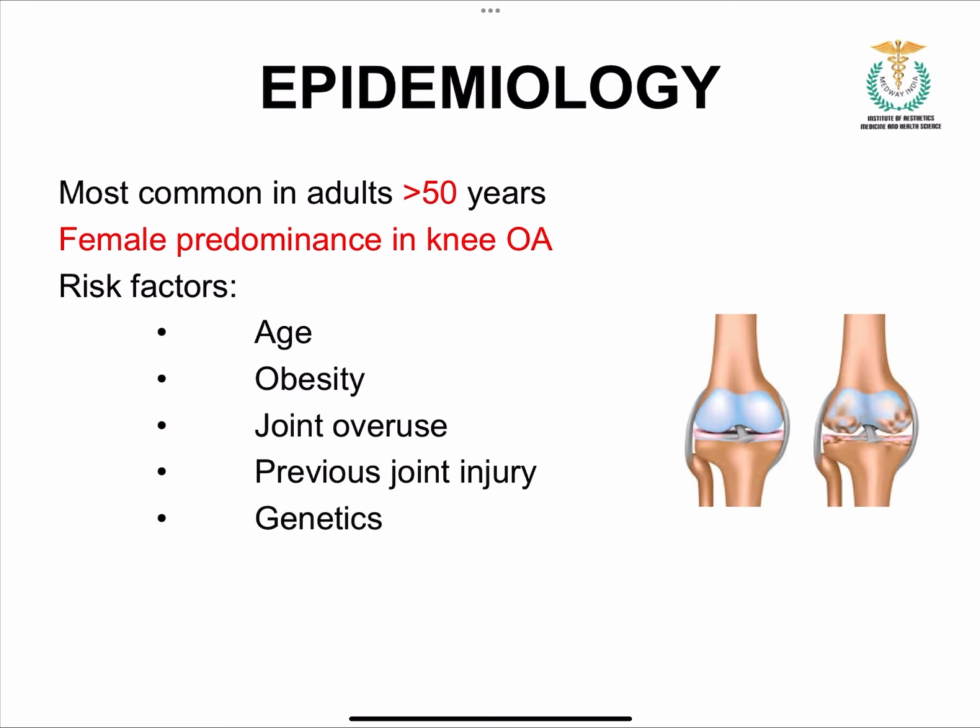Moving on to the epidemiology. It is mostly common in adults more than 50 years of age, and affects approximately 10 percent of men and 20 percent of women over 50 or 60 years of age. Females are more predominant; you can see many female patients complaining of osteoarthritis.